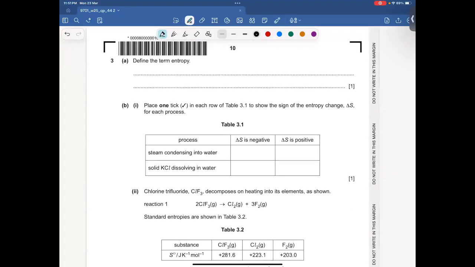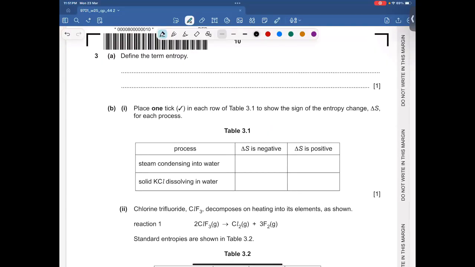Question number 3, based on entropy. Define the term entropy. It's easy.